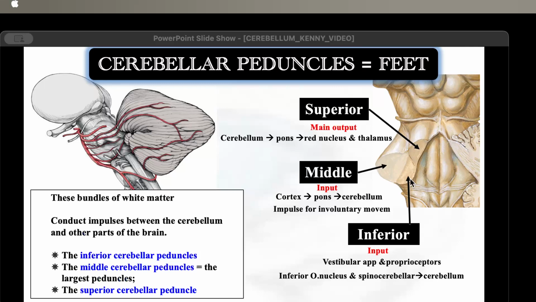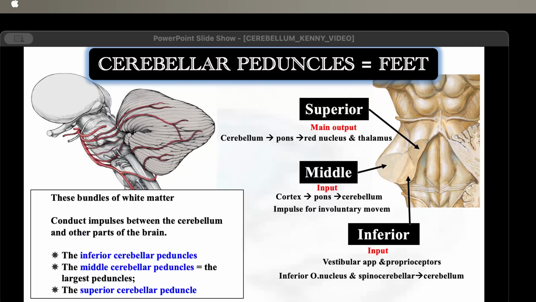Remember, these peduncles are just feet, so they are attachment of the cerebellum to the brainstem. But they are not mere attachment. They attach there, but while they do so, they communicate. So they help communication between the cerebellum and the rest of the central nervous system.